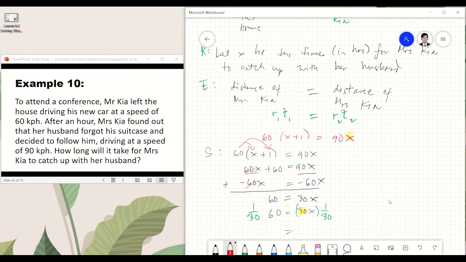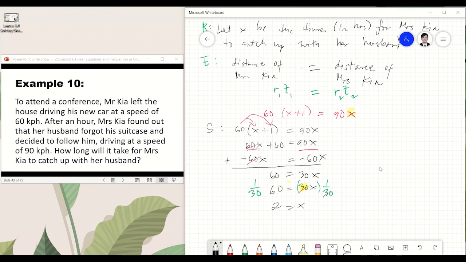So, makakancel out yung 30. Yung matitira sa right side, x na lang. 60 divided by 30 is just 2. So, kung mas comfortable tayo makita yung x sa left side, okay lang naman. We interchange the left and the right side. So, x is equal to 2.